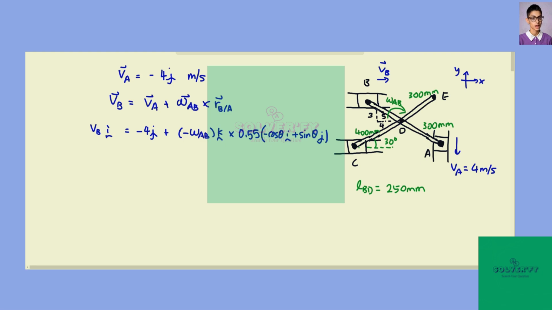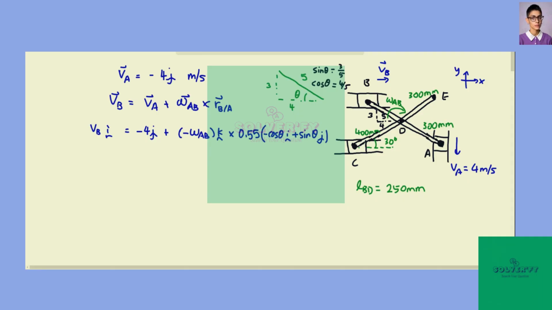Okay, so this is our theta, and then we have a 3, 4, 5 triangle here. So this is 3, this is 4, this is 5. So sine theta is 3/5, and cosine theta is 4/5. Okay, so now we continue.